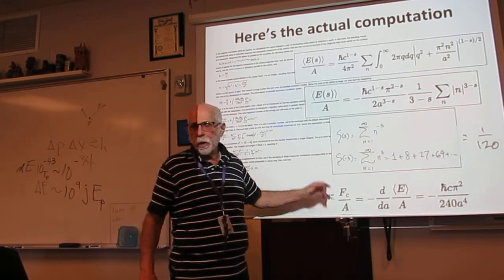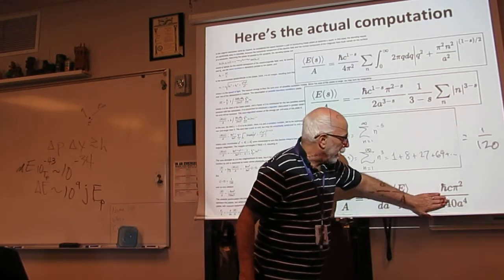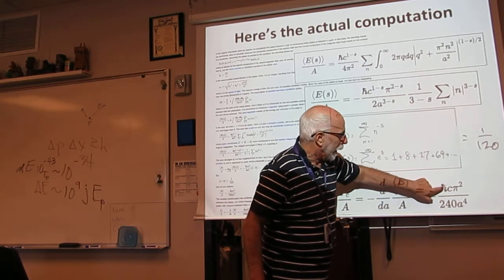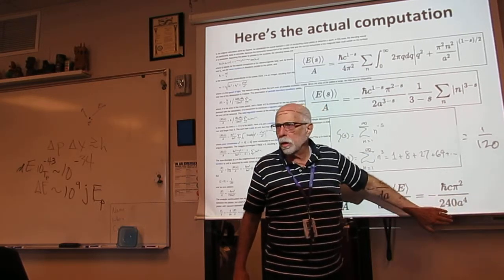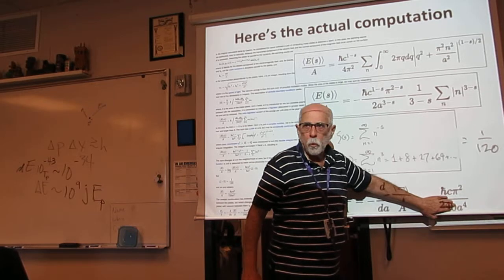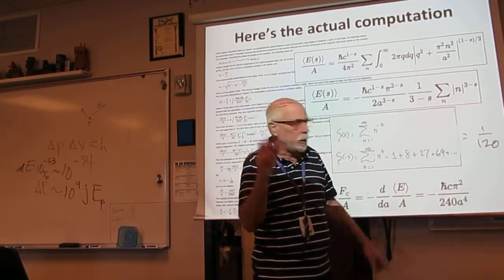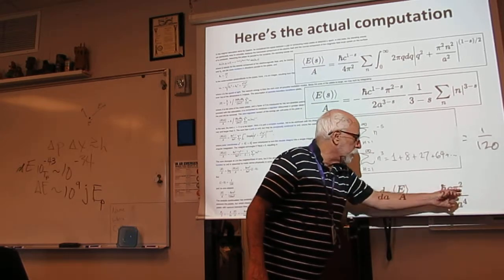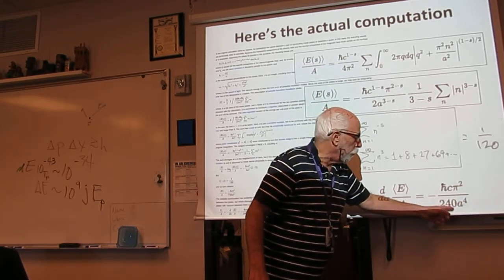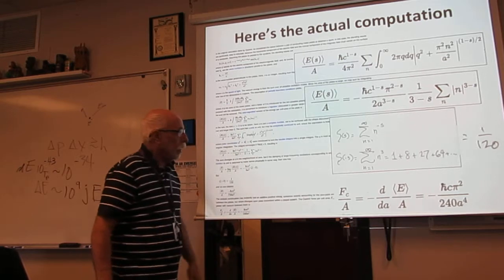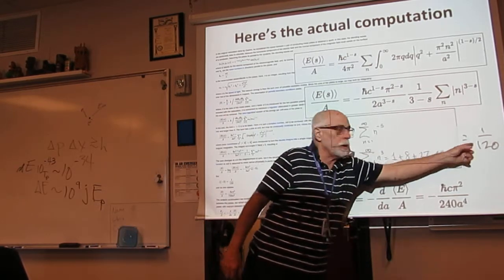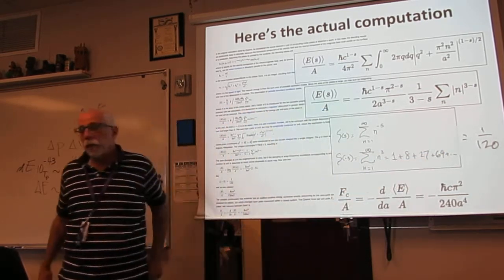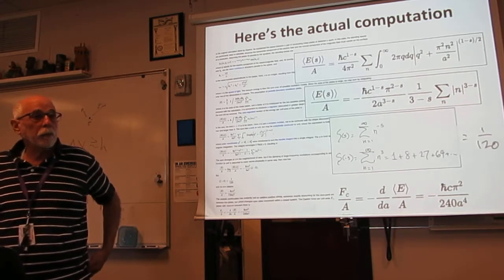Here's the actual result. Remember on the prior page, I got hc over L to the fourth. Here the dimension is A. Easy to see that. Here's the actual result: hc over 240 and then pi squared. That's what you get if you use this formalism. And now we have a chance to do an experimental confirmation.